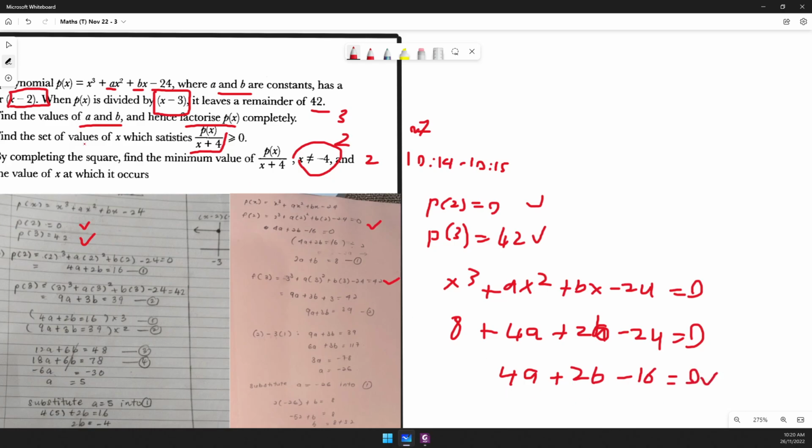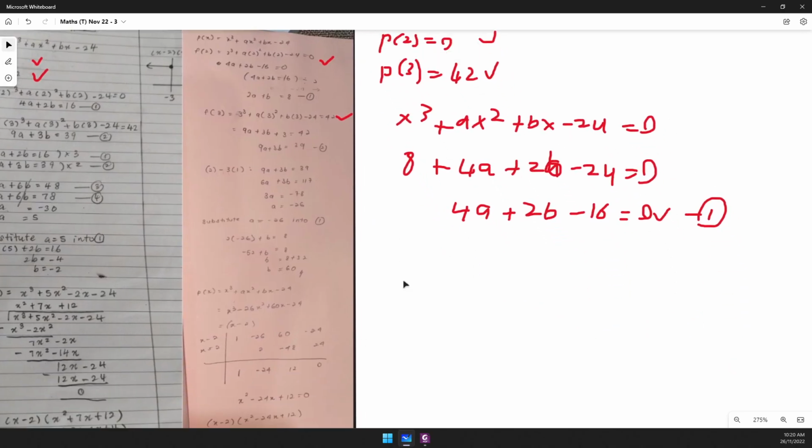Okay, first equation done. Second equation: I put the value 3, 3 cubed is 27, plus 9a plus 3b minus 24 equals 42.